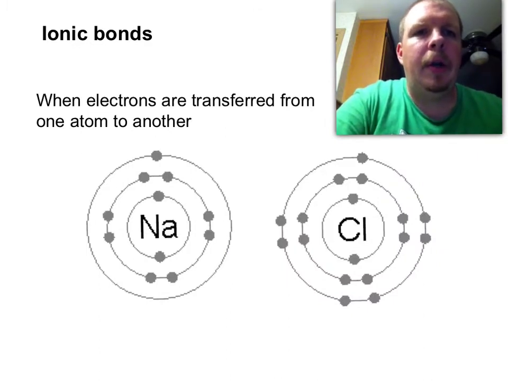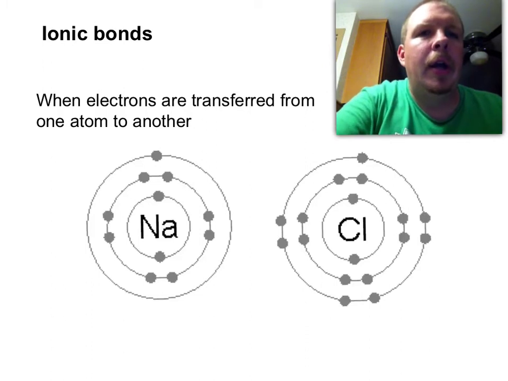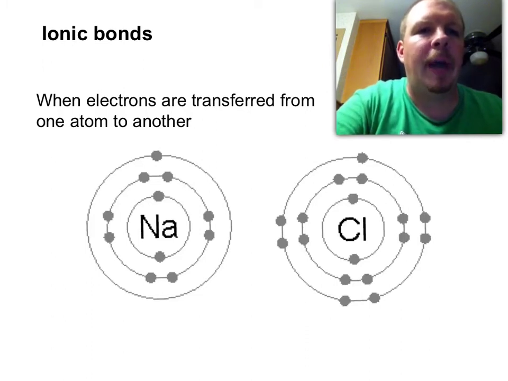Alright, so here's ionic bonds, and the definition for ionic bonds is a bond that happens when electrons are transferred from one atom to another. So a classic example is sodium chloride, and you'll see that sodium has a total of 11 electrons, and chlorine has 17.